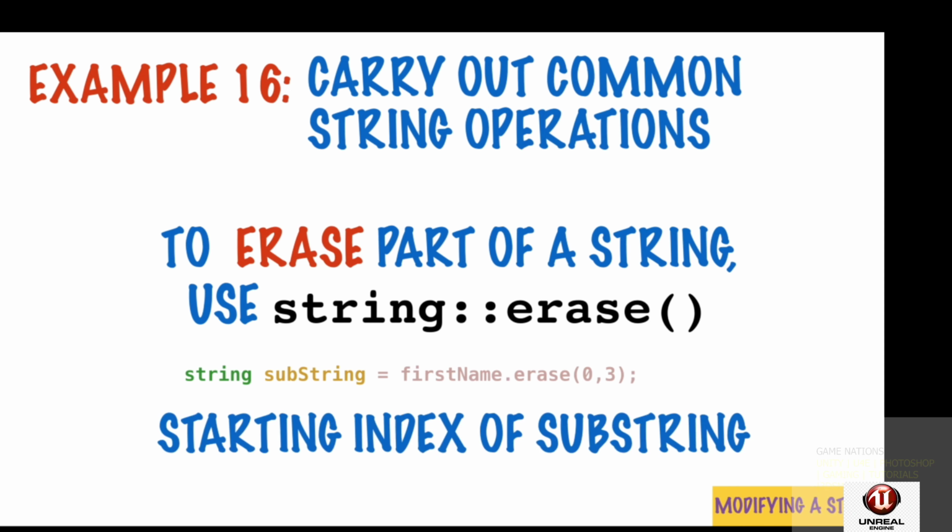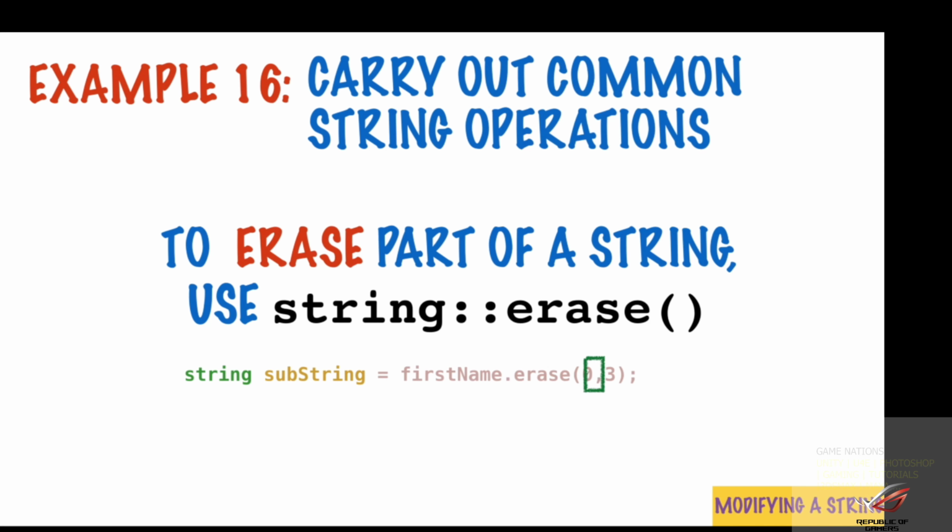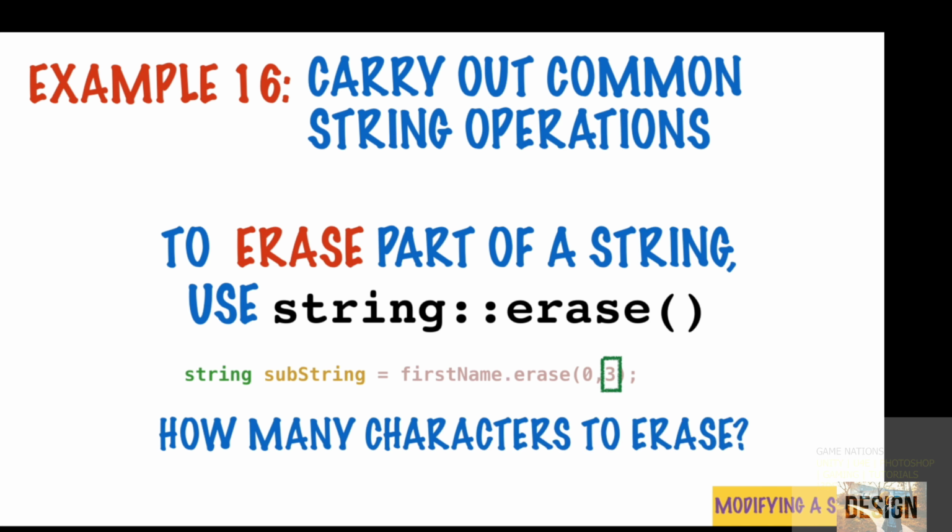Again, the function arguments that this method takes in are the starting index of the substring, which here we specify to be 0, and the number of characters to be erased, which here again we specify to be 3. In other words, erasing a substring is not that different from finding a substring of a string and setting each of those corresponding values in the string to nothing. This will reduce the length of the string.